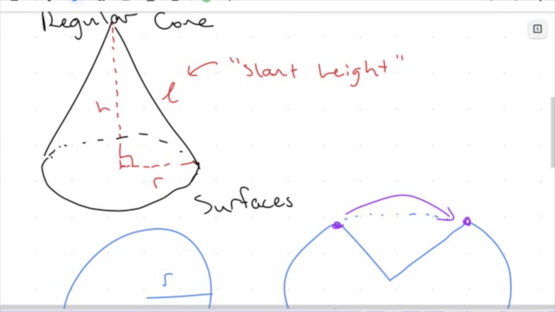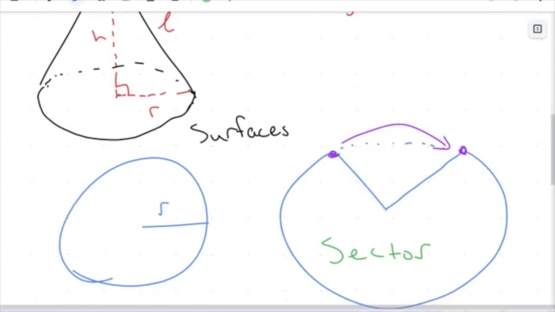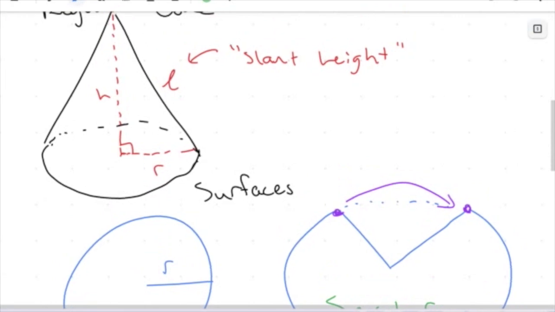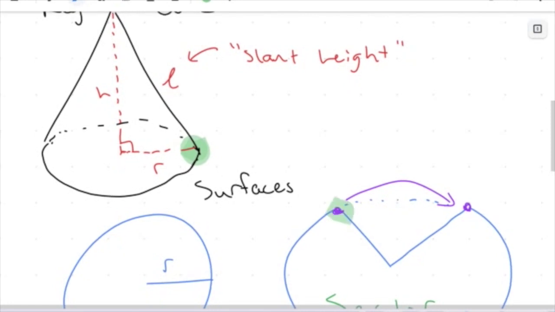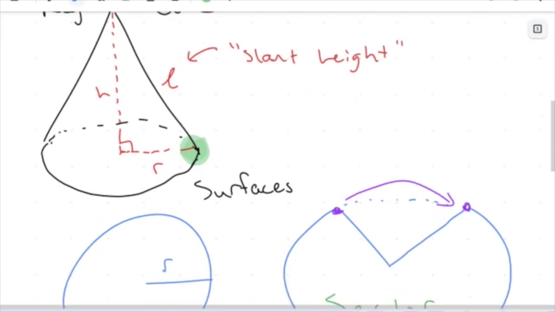Now, we want to consider something. This bit here is the radius of our sector that we use to make the cone's bendy bit. But what part of the diagram does this correspond to? Once we fold it together, that makes the bit connecting the bottom, somewhere like here, all the way up to the point at the top.